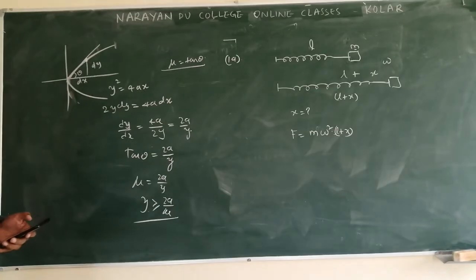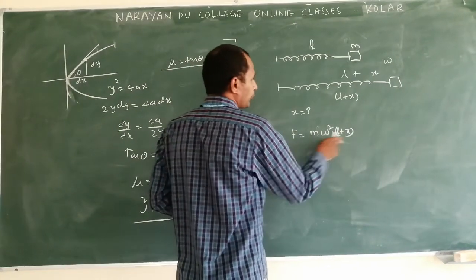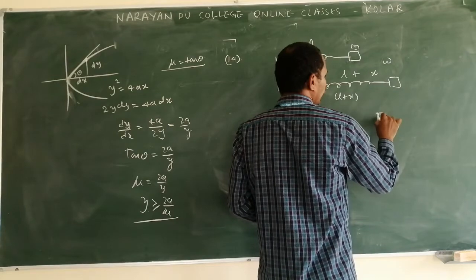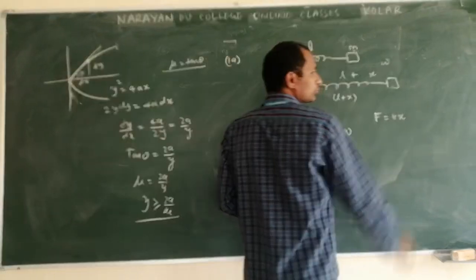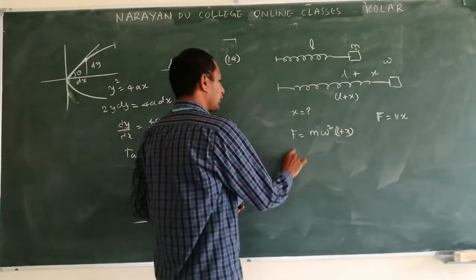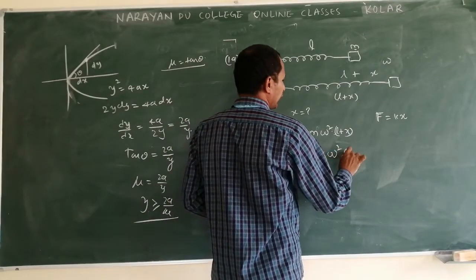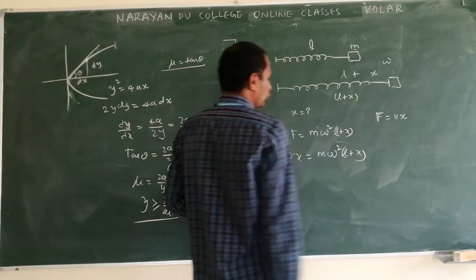Elongated spring, L plus x. L is the original length, elongation is x. Okay. What is the spring force formula? If elongated by x, spring force F is equal to kx. So kx is equal to m omega square (L plus x).